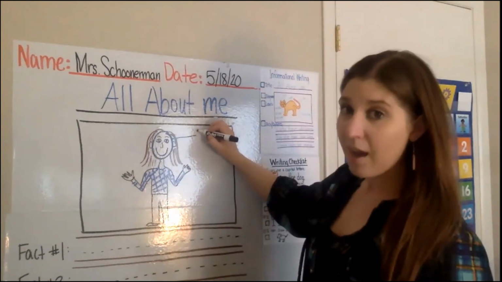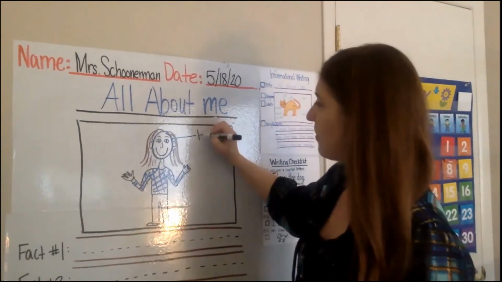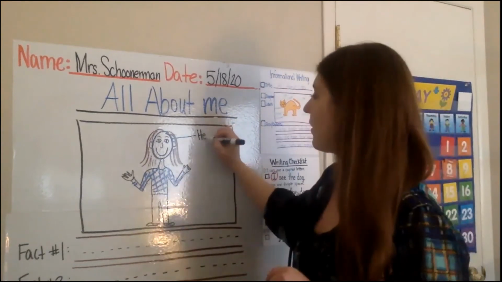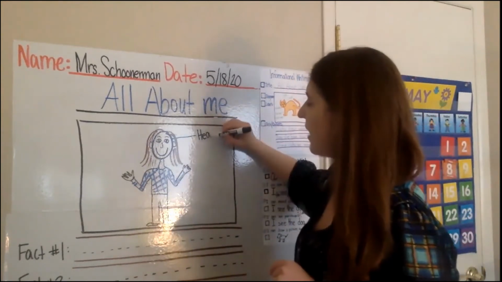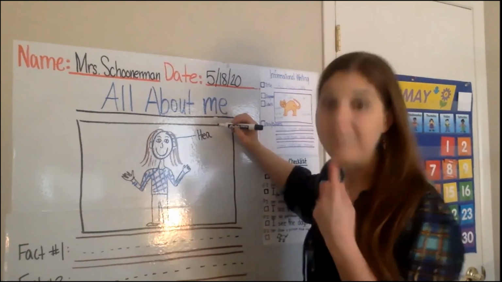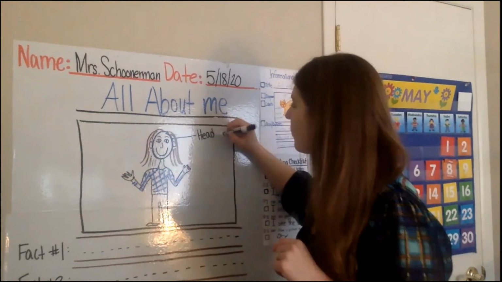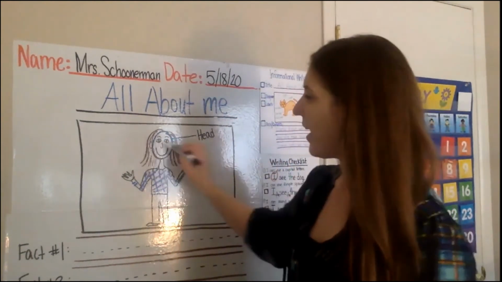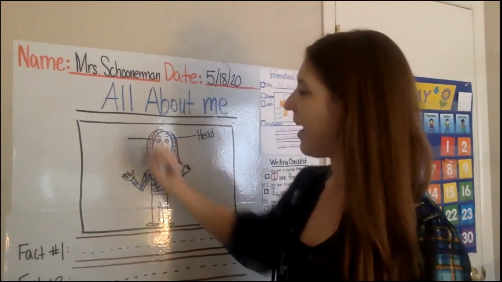Head. I hear an H. I hear an E. And this is a tricky word. It actually has an A and then it ends with a D. Head. And then we've got our eyes. Can add a label to the eyes.